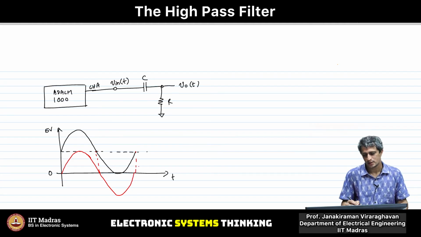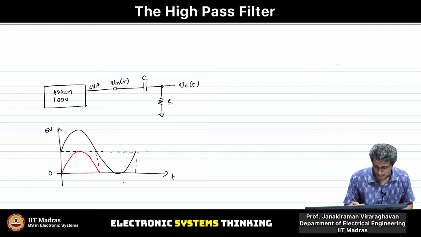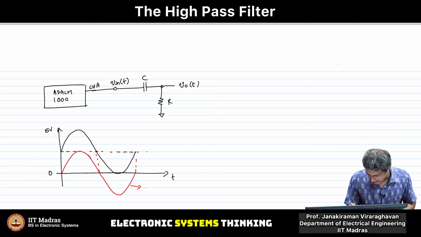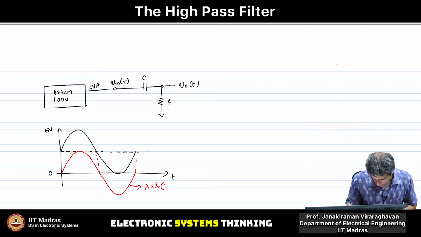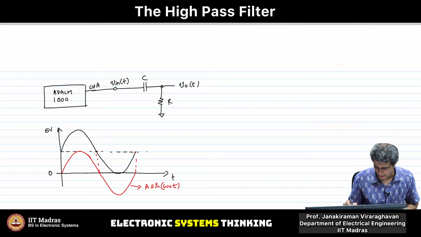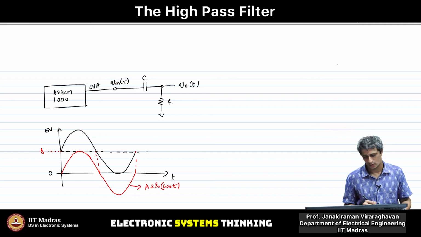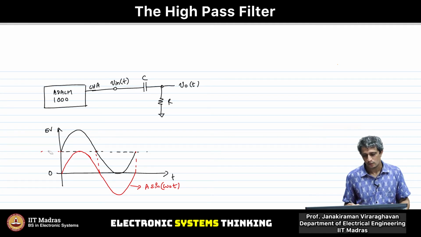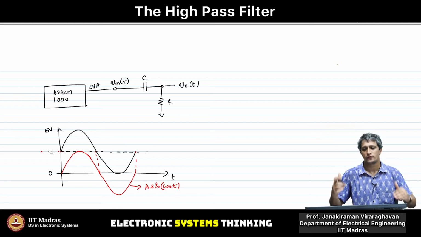This is approximately how A sine omega naught t would look, where this is equal to A. But if I want to obtain the black curve, then the whole thing needs to be shifted up.